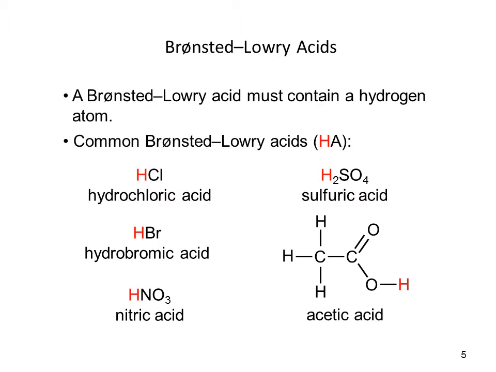Bronsted-Lowry acids must contain a hydrogen atom, and it's usually written first in the formula. And you can see hydrochloric acid, hydrobromic acid, nitric acid, sulfuric acid. And then down there you see acetic acid, and that doesn't really fit the format we've been seeing. So far we've been seeing a hydrogen written first in the formula.